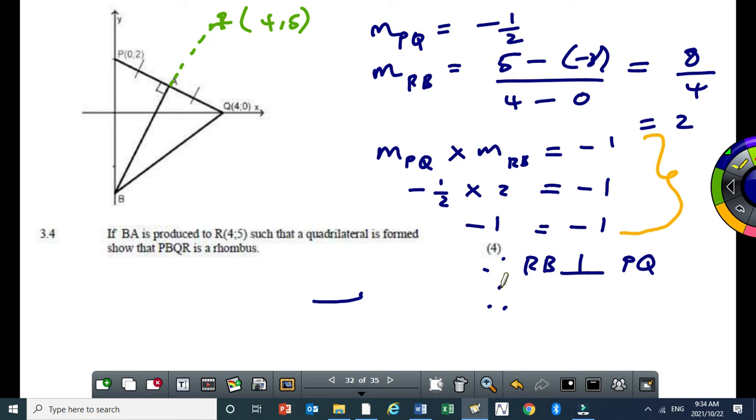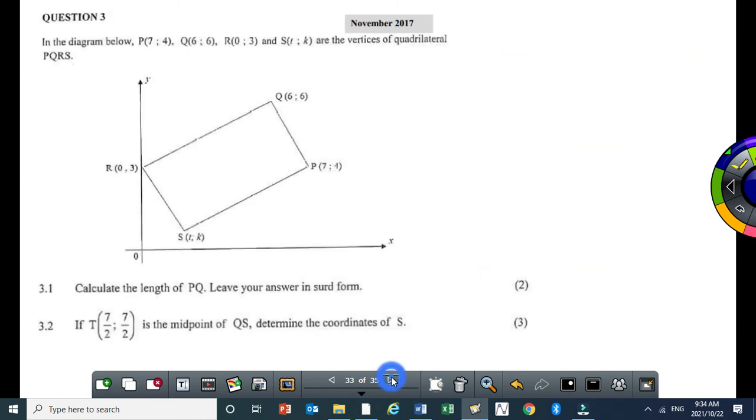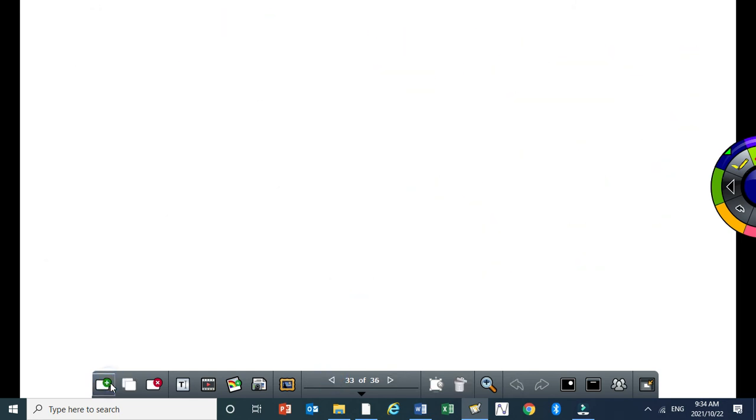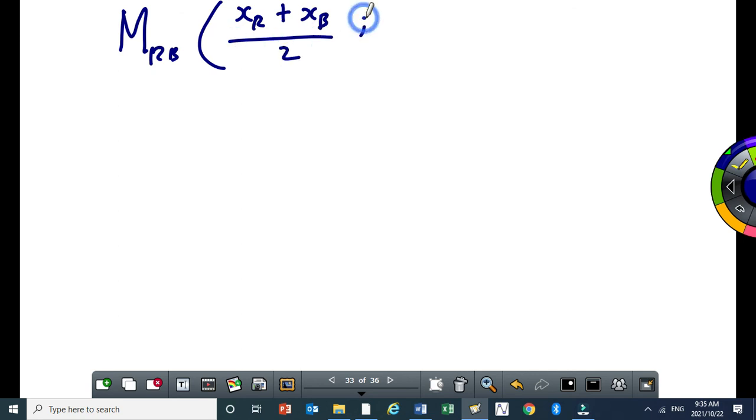Okay, so let's move on to the next one. We're just going to calculate the midpoint. So the midpoint of RB is going to be XR plus XB over 2, YR plus YB over 2, like that.